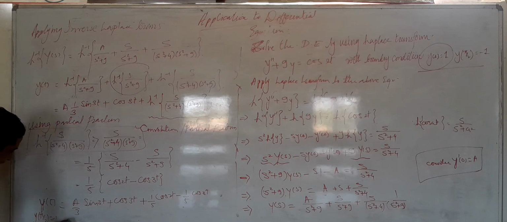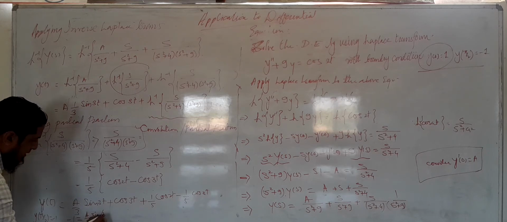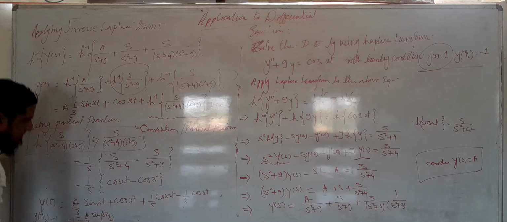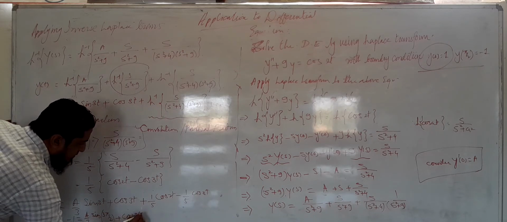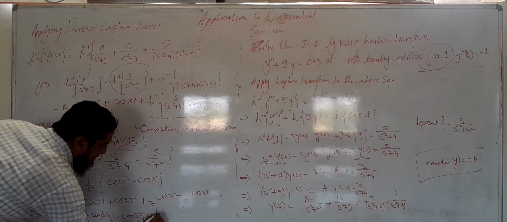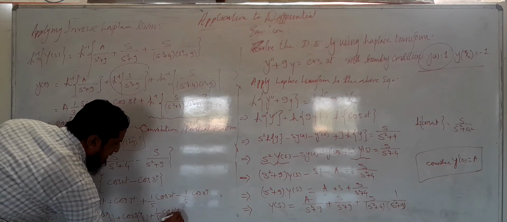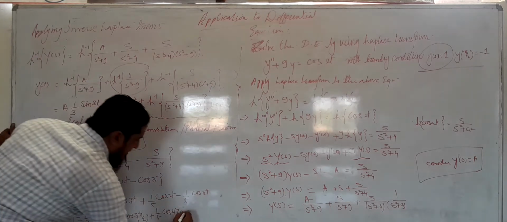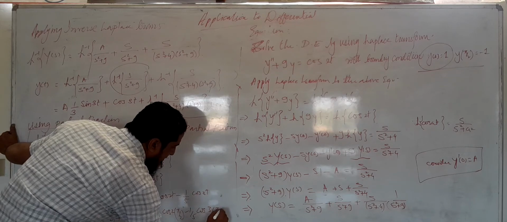So we will get minus 1 is equal to a upon 3 sin 3 pi by 2 plus cos 3 pi by 2 plus 1 upon 5 cos 2 pi by 2 minus 1 upon 5 cos 3 pi by 2.